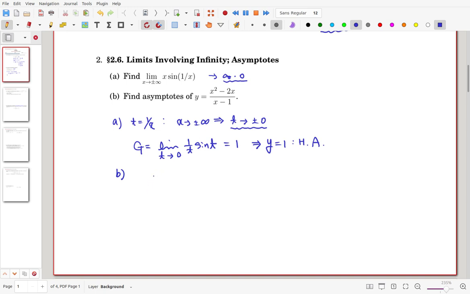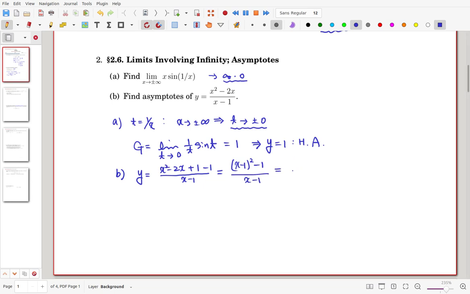Here the numerator is one order higher than the denominator. So if you do polynomial division, a linear term plus a remainder will be obtained. Rather than polynomial division, let's do it this way. x squared minus 2x is the same as x squared minus 2x plus 1 minus 1, divided by x minus 1. That is the same as x minus 1 squared minus 1, divided by x minus 1.